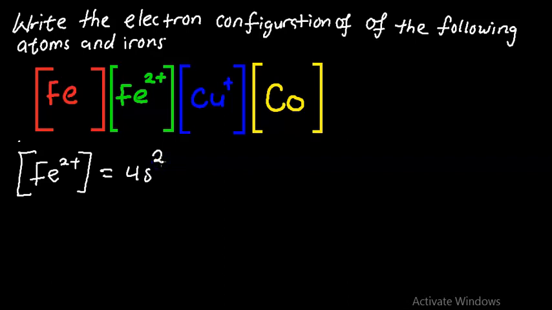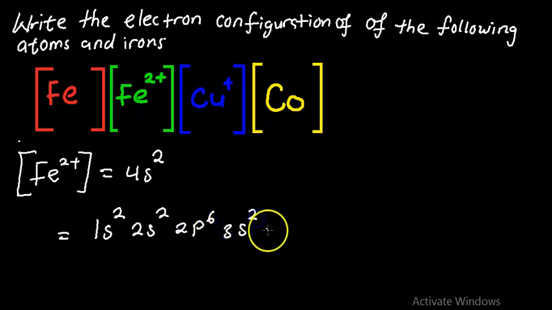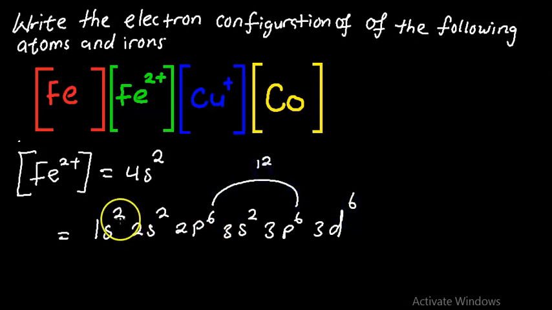So the electron configuration of this is simply going to be 1s2, 2s2, 2p6, 3s2, 3p6, and 3d6. If you add 6 plus 6, it is simply going to be 12. 2, 4, 6 plus 6 plus 6.